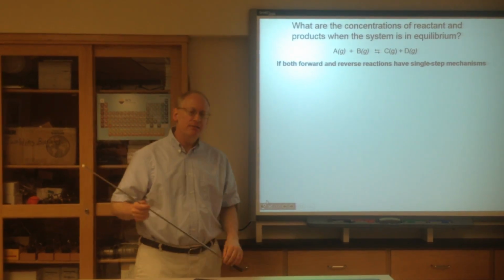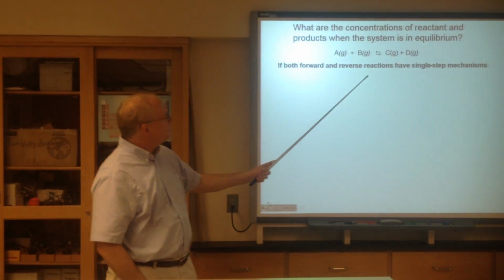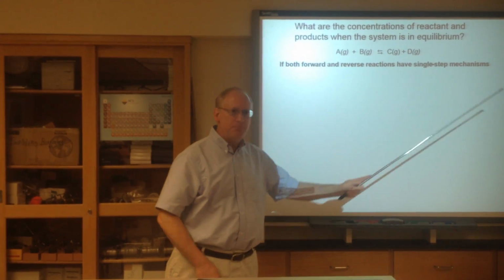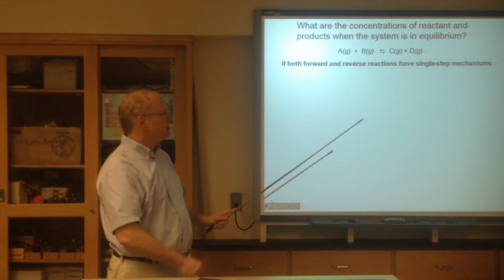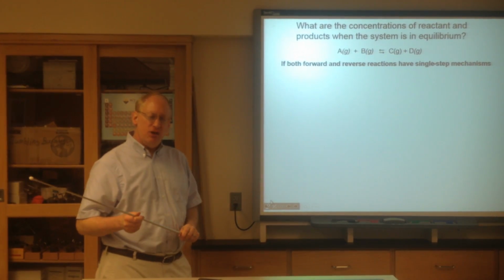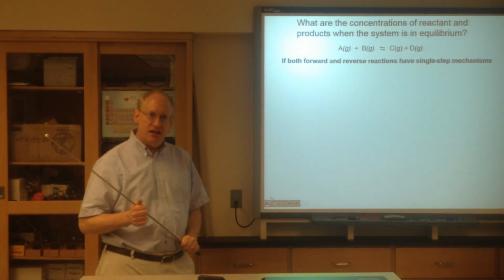Now remember what we learned when we studied kinetics. If both the forward and reverse reactions are single-step mechanisms, that is, just single-step bimolecular reactions, then we know something about the dependence of the reaction rate on the concentration.